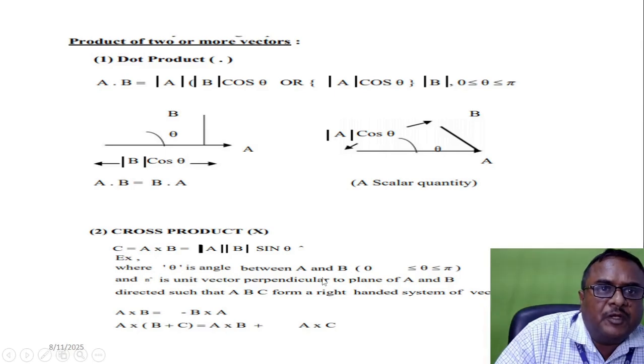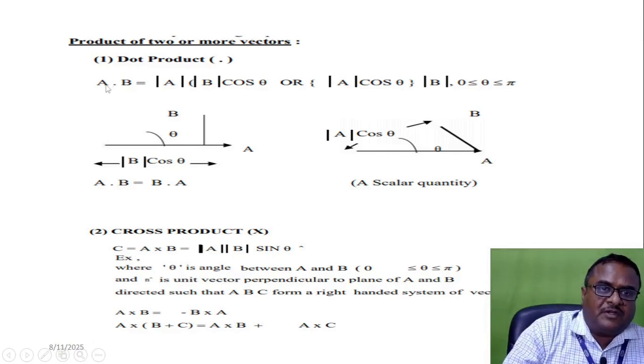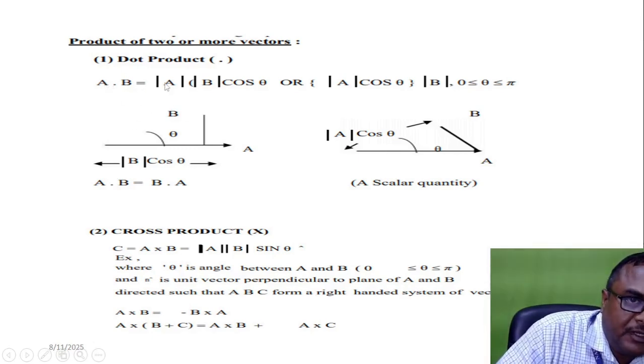Then for multiplication of vectors, we have 2 types: one is the dot product, another is the cross product.